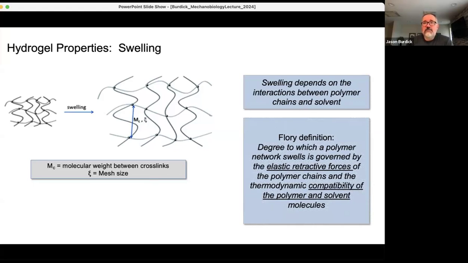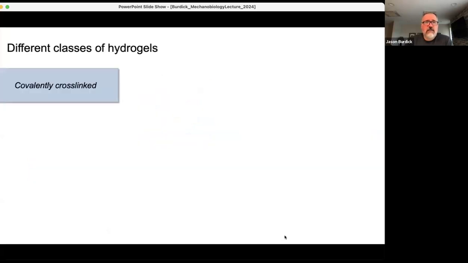That just means how much does that polymer like water will alter how it swells. And then this elastic retractive forces just means how much did I link those polymers together? So there's going to be some extent where it no longer swells unless it degrades or dissociates away. So again, swelling, I think, is important for a lot of applications. And it's driven by the thermodynamics, again, of these different features of the material.